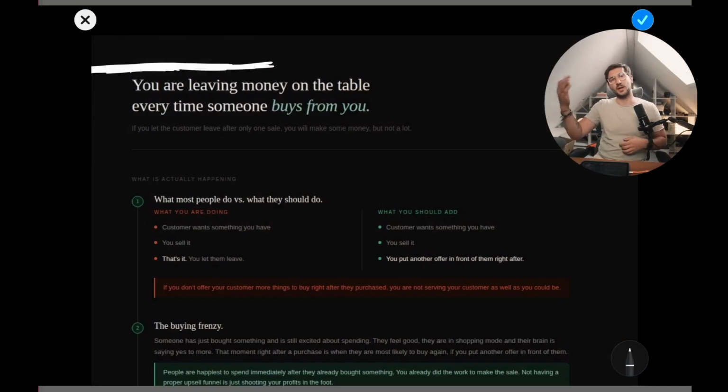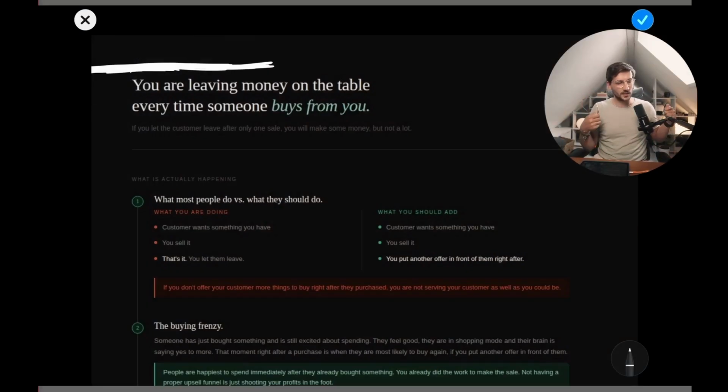So you're leaving money on the table every time someone buys something from you. If you do one sale, they buy something from you, and then you just leave it to faith so that they land on your email, and then after they land on your email you try to upsell them to something else.